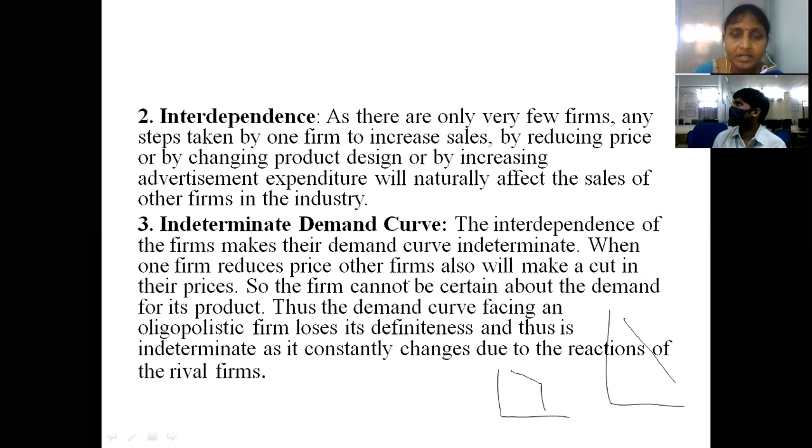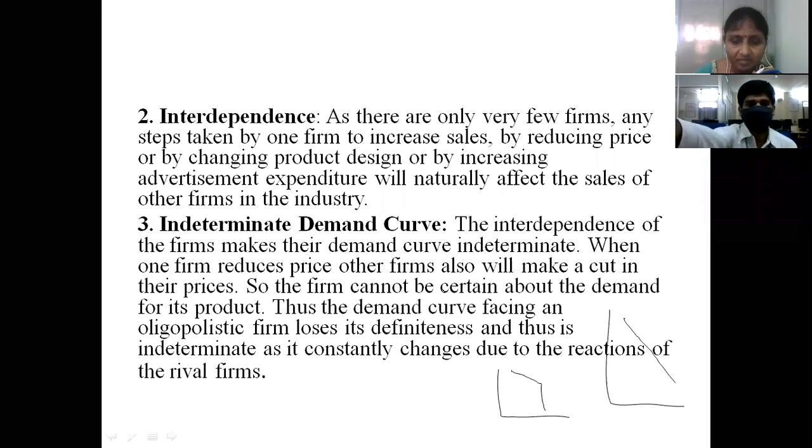X company is going to reduce the price, and automatically the consumers will be attracted by that X company. So our firm also needs to reduce the prices of that particular commodity to increase our sales. Automatically the other firms also will make a cut in their prices. So if one company reduces the price, another company is also affected by that, and is also going to cut its prices.